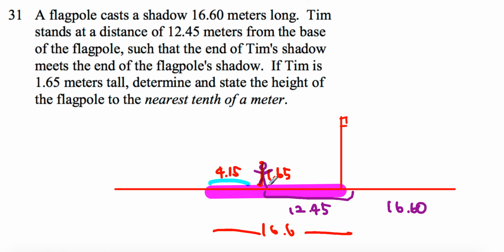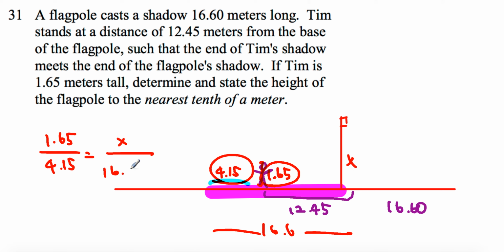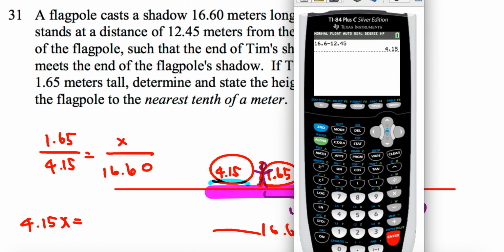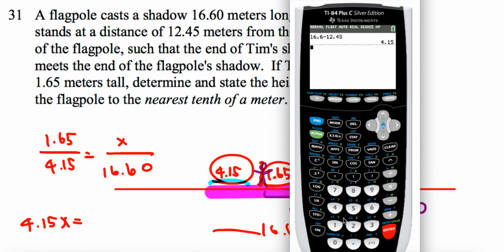The ratio is that this cast this much, so then I get 1.65 cast 4.15. That will be the same ratio as the flagpole. I'm going to call that x, which cast 16.6. So I can figure out the value of x. So I get 4.15x must be equal to 1.65 times 16.6, 27.39.